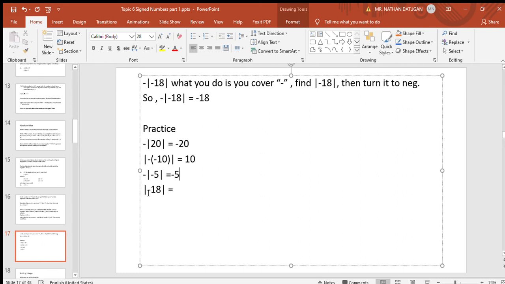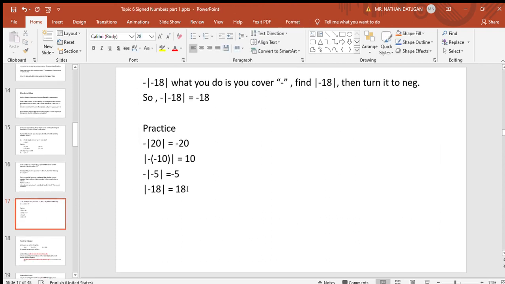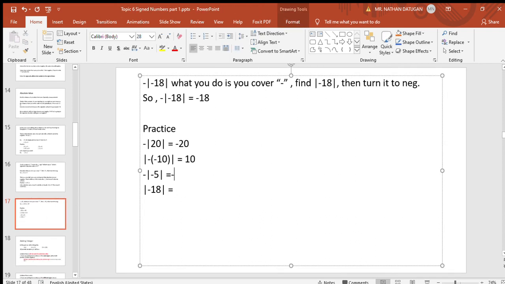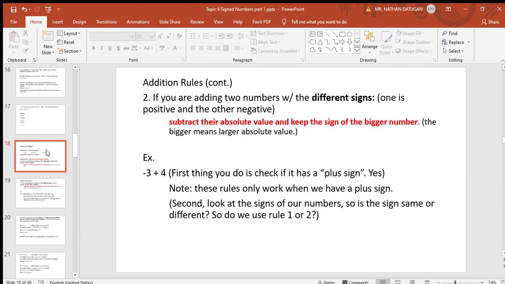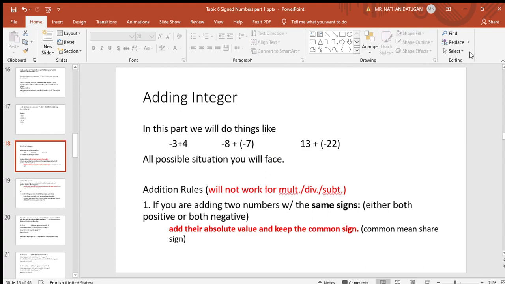Last one is the absolute value of negative 18. Well, it's 18. Now let's stop here.